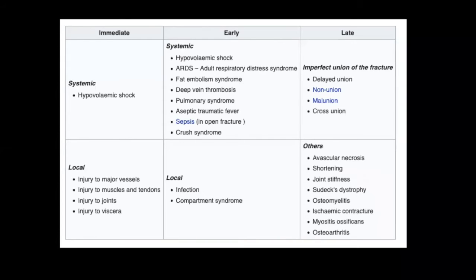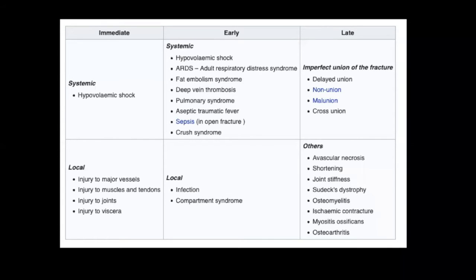So you must know the normal terms of union, consolidation. If you have less than 2 terms of normal union, it's delayed union.